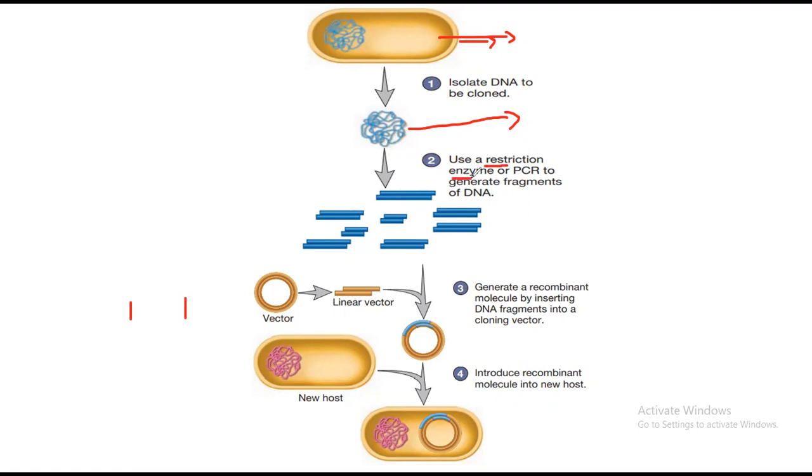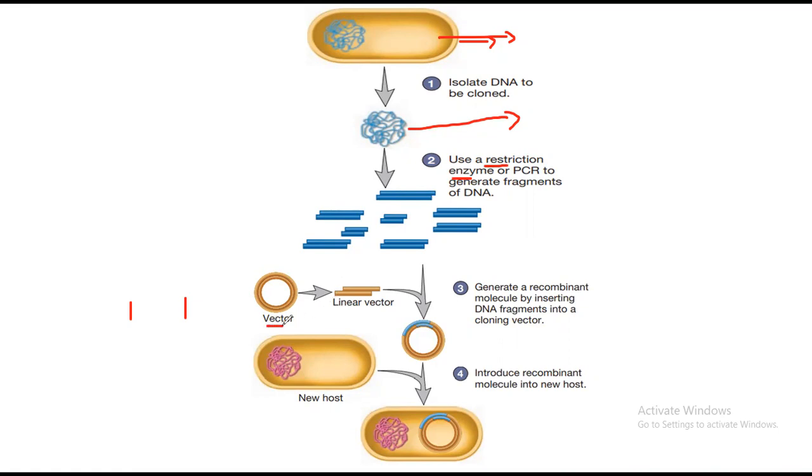What are restriction enzymes? I will make a video about how they work. Restriction enzymes are a special type of enzyme that cleave different parts of DNA. So by using restriction enzymes, we cleave out our desirable genes. After that, we insert those genes into a vector.